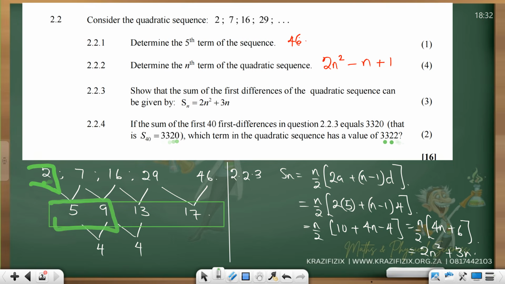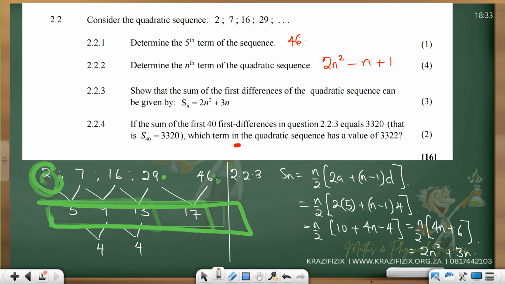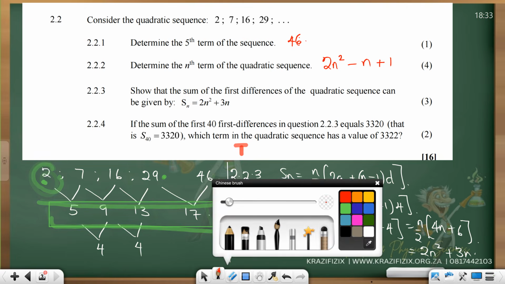First 2 plus this first one would give me the third number. First 3 plus 2 would give me the fourth number. First 4 plus 2 would give me the fifth number. So first 40 plus 2 would give me, it doesn't even need any calculation. The answer is T what? 41.